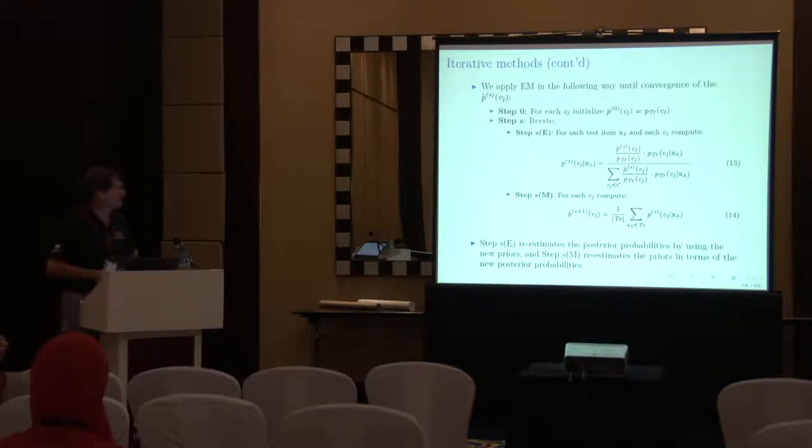Essentially, this iteration alternates between a new computation of the posteriors in terms of the new priors, and a new computation of the priors in terms of the new posteriors. You run this algorithm until some sort of convergence.